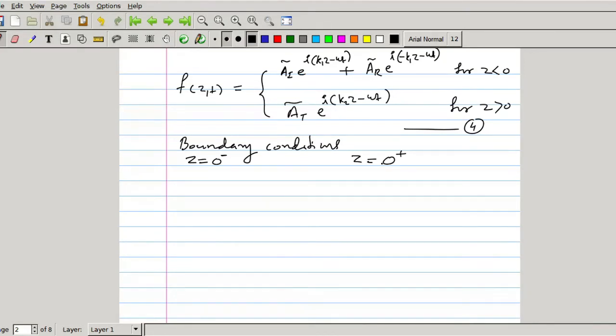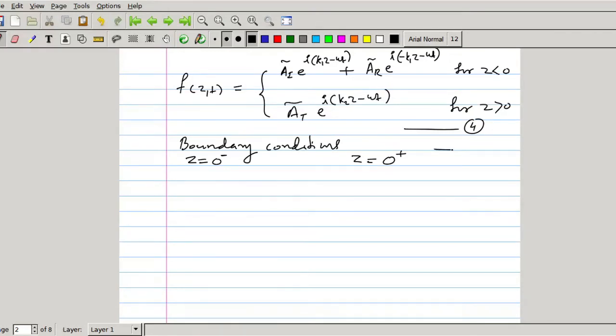So the wave function at z equal to 0 minus will be the same as at z equal to 0 plus, or the displacement at z equal to 0 minus will be the same as the displacement at z equal to 0 plus. Otherwise the string will break. Since there is no break in the string at the node, the displacement at z equal to 0 minus will be the same as at z equal to 0 plus.